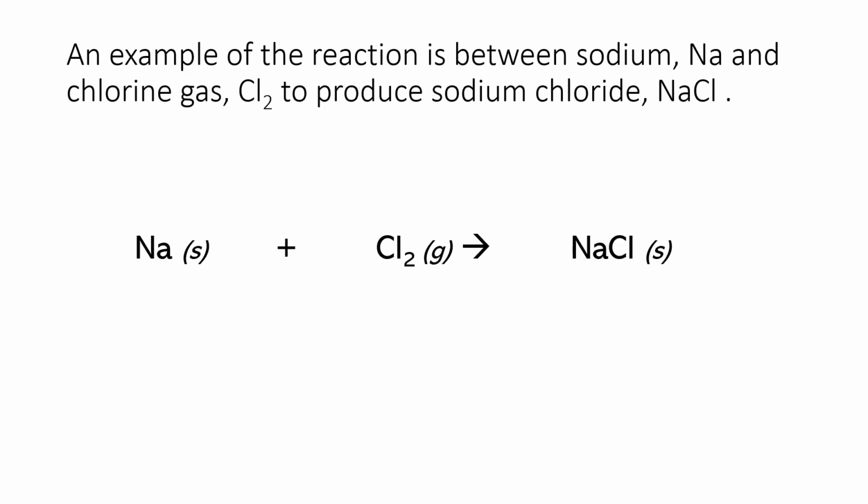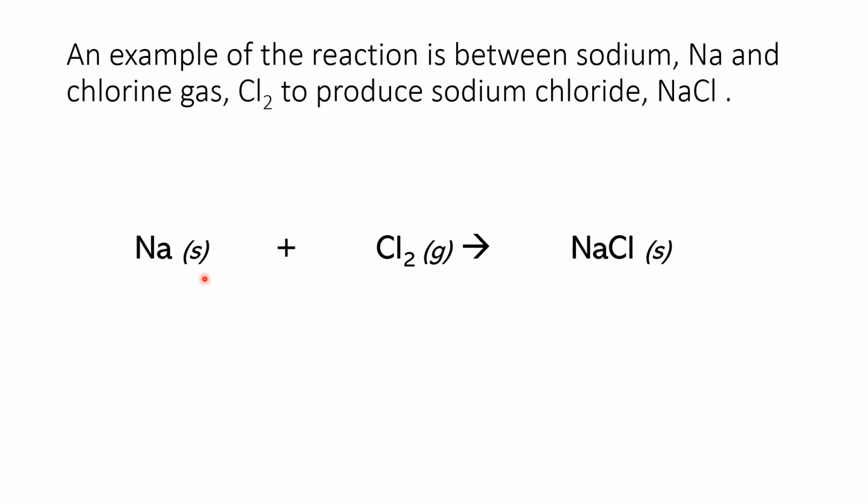Okay, look at the equation for the reaction between sodium and chlorine. Okay, sodium reacts with chlorine gas to produce sodium chloride, NaCl, and the chemical equation is Na(s) plus chlorine gas Cl2(g) produces sodium chloride NaCl(s).